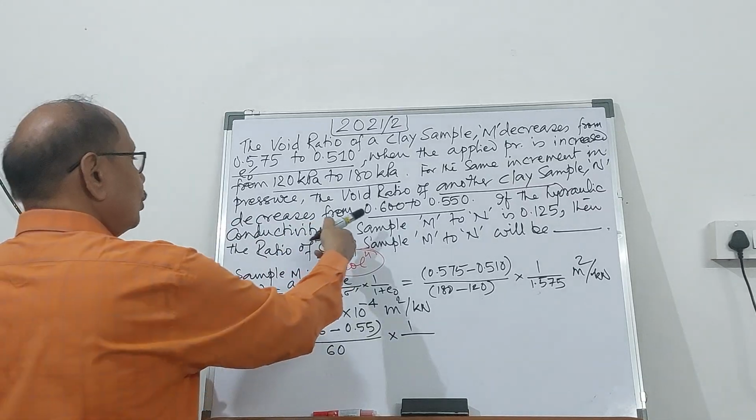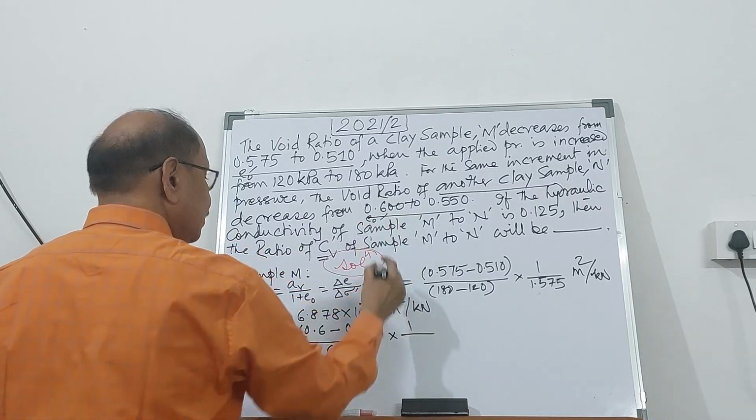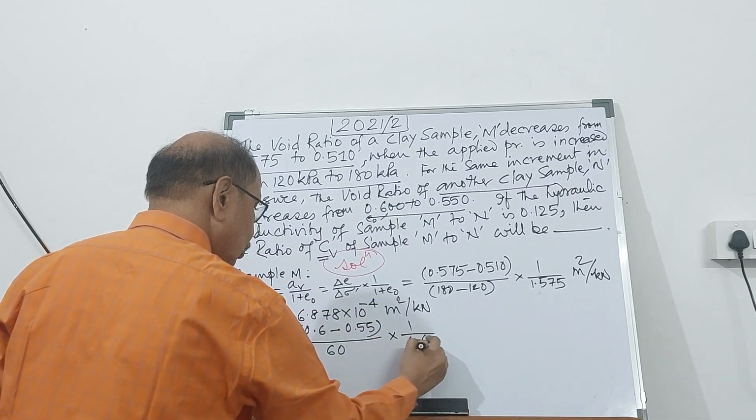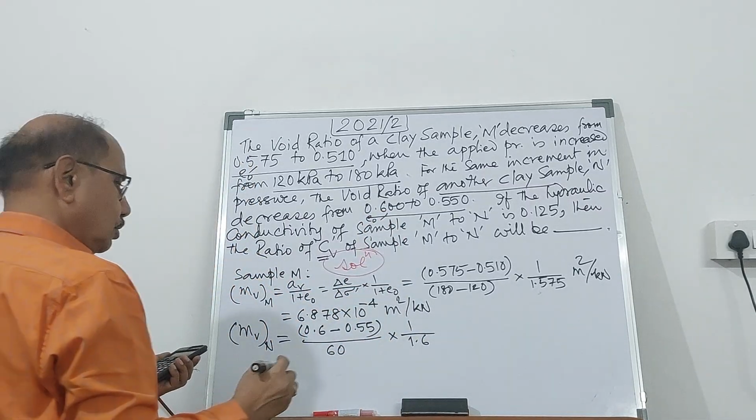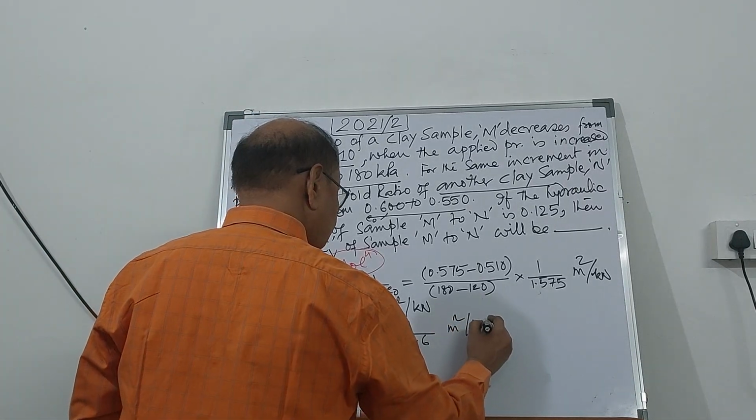The value of E naught here for sample N is 0.6, so this becomes 1.6 meter square per kilonewton.